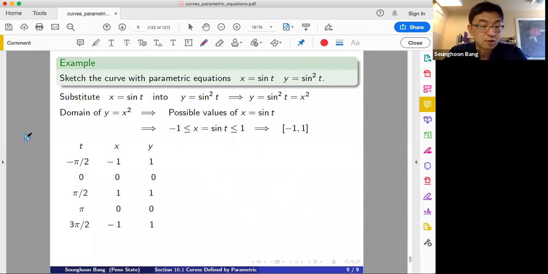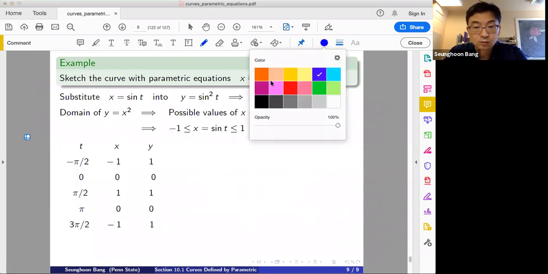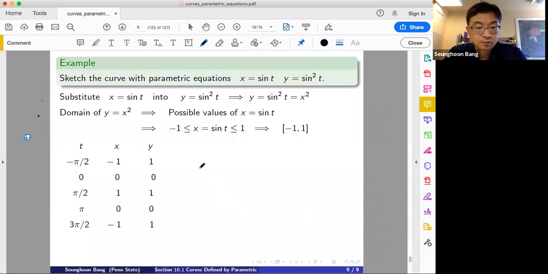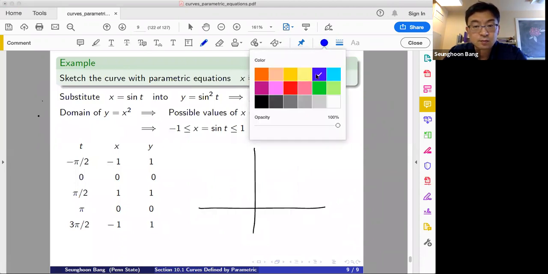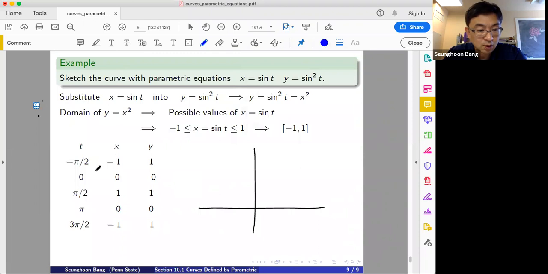So what does the graph look like? You can draw the graph like this. The graph is this one. The next thing, you can plot the points. The point (-1, 1): what's the t value? t is negative pi over 2.